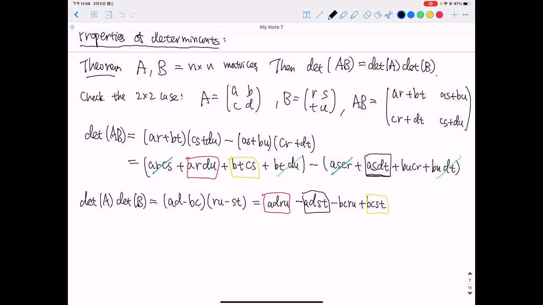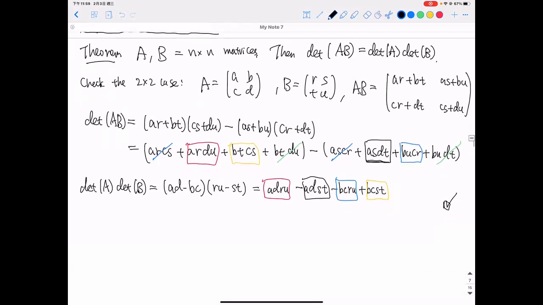And finally, BUCR is BCRU here. So all the four terms match with the correct sign. So the determinant of AB is the determinant of A times the determinant of B in the 2x2 case.